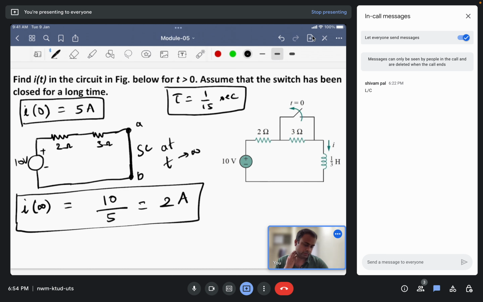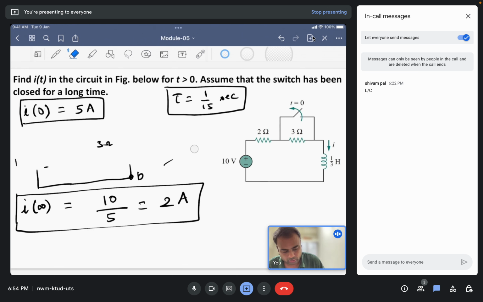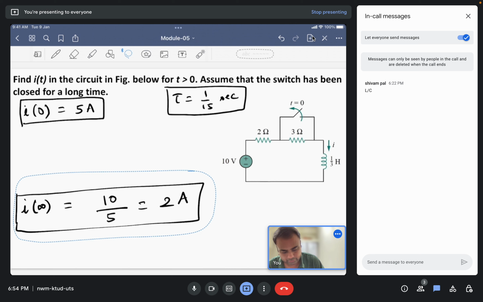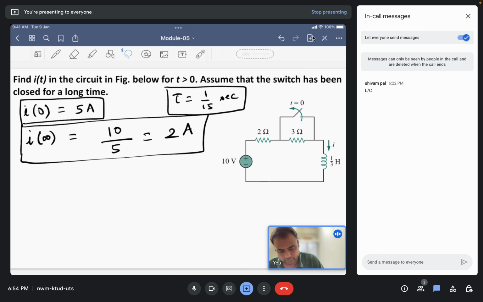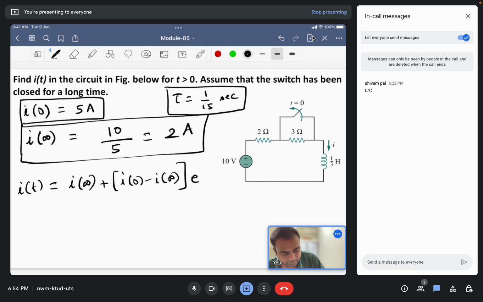The relation for current through the inductor, which we already discussed, is given by I of t is equal to I infinity plus (I0 minus I infinity) e to the power minus t over tau.